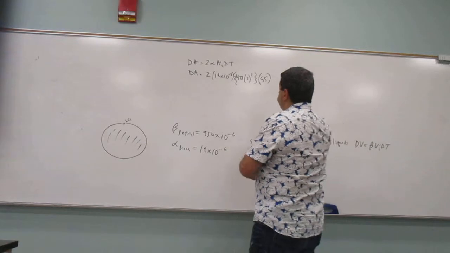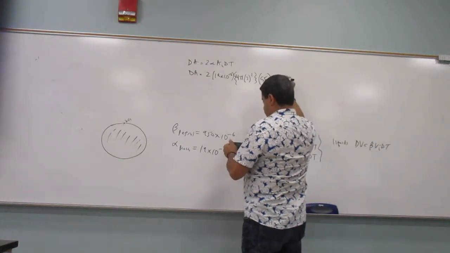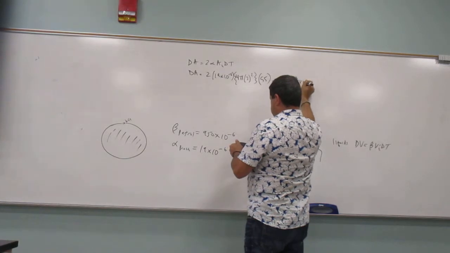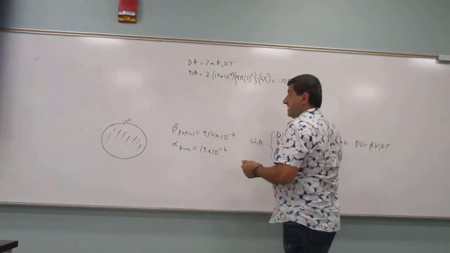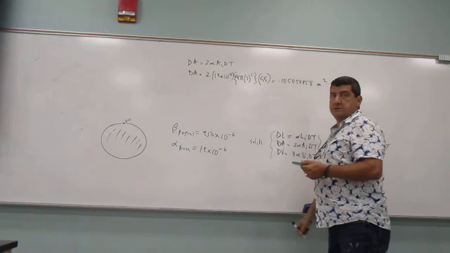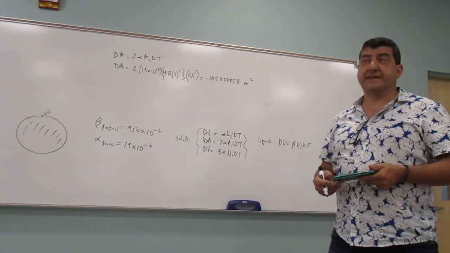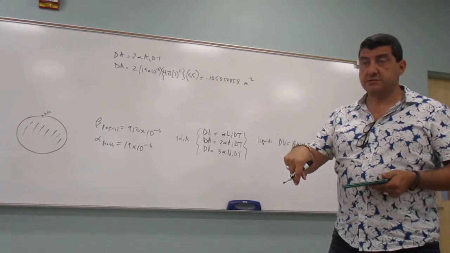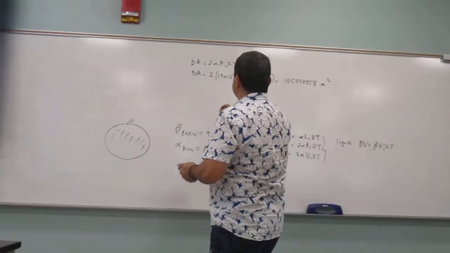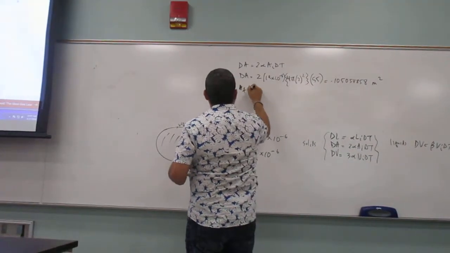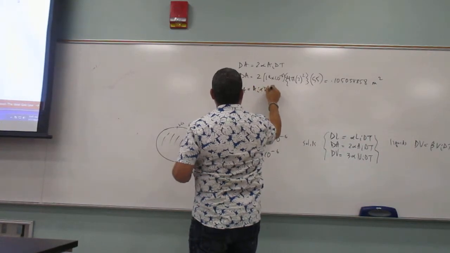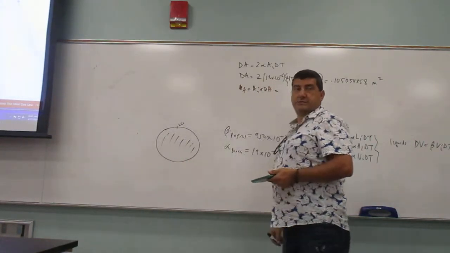Okay? That's meters squared. Okay? So now, from there we can find out the final area, right? What's A final then? A initial plus delta A, right?